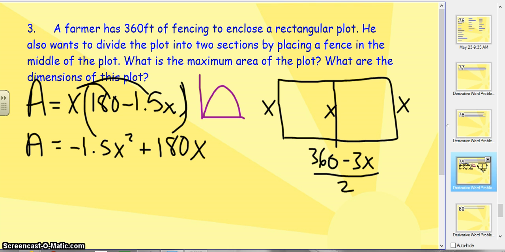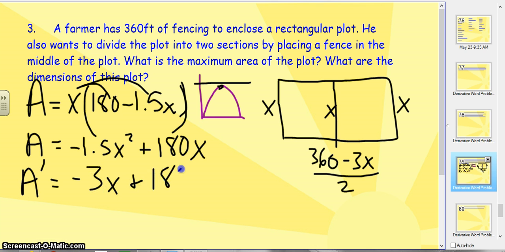Okay, and if I want the maximum area, I want to know when the slope is equal to 0. There's my maximum. So if I do the derivative, it's when the derivative is equal to 0. That always gives us our mins and maxes. So we're going to find the derivative first, A prime. So I'm going to bring that down. I get negative 3x plus 180.